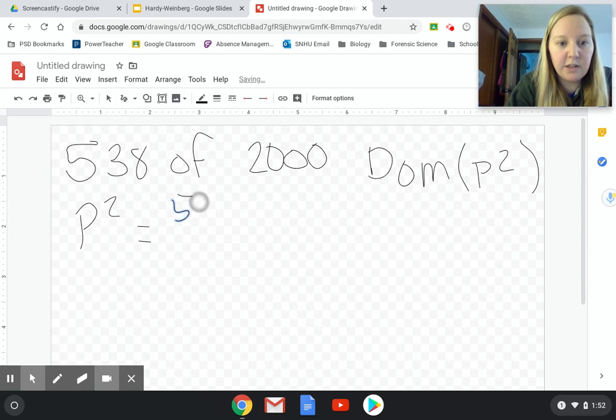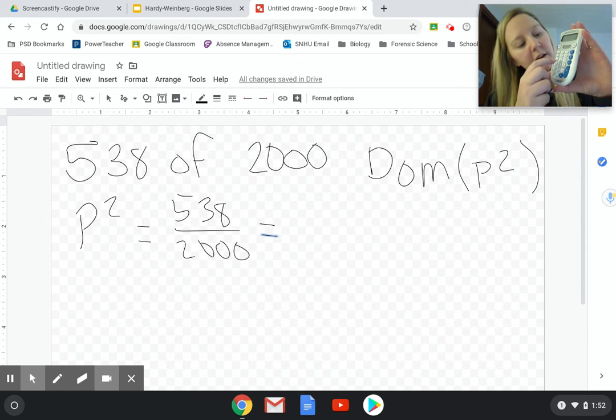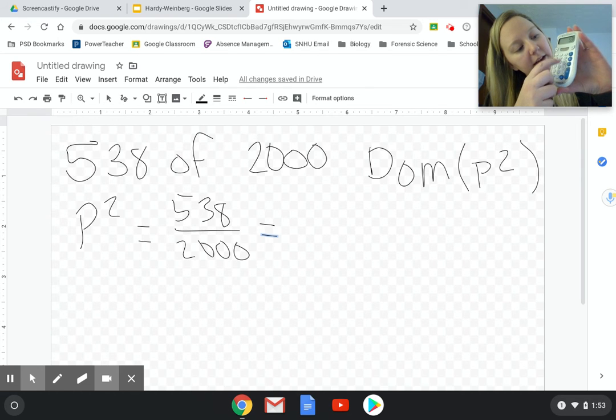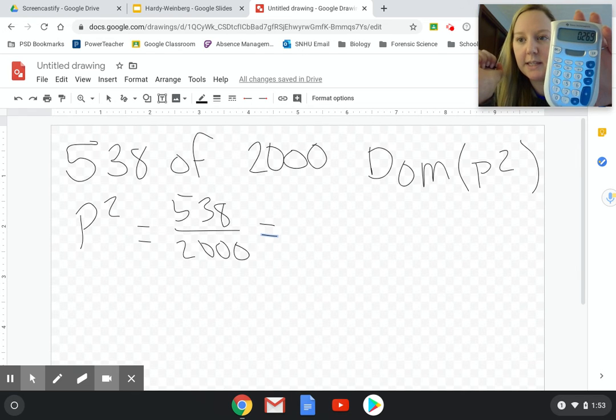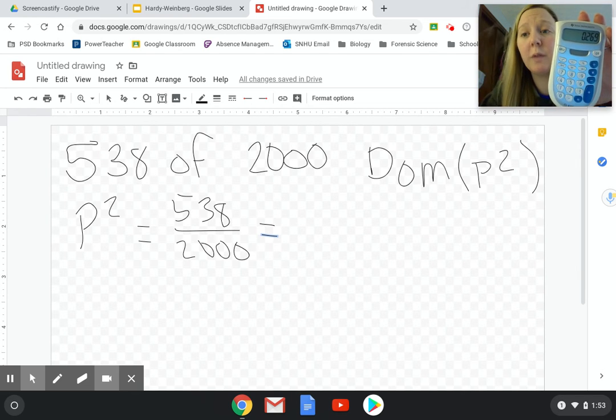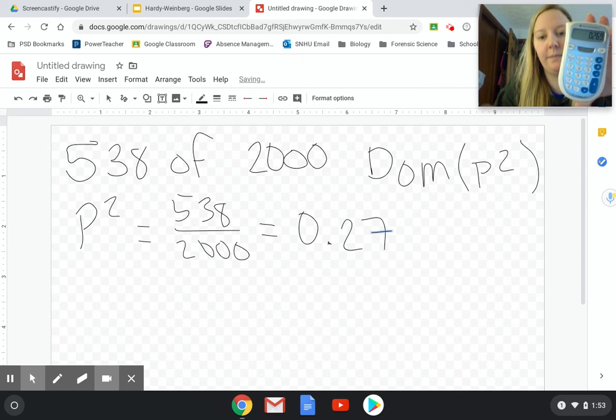So 538 divided by 2,000 equals, take out our trusty calculator, 538 divided by 2,000 equals 0.269. We do want to round that to 2 decimal places though. So we have 0.27.